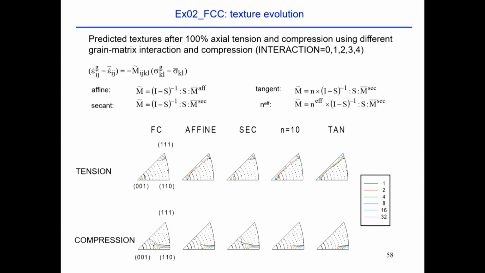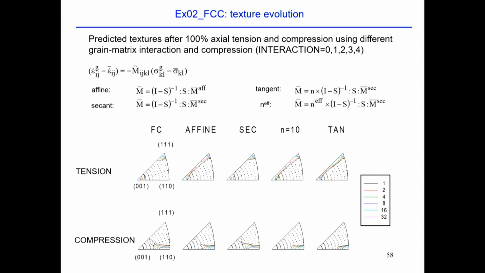The Taylor or the very stiff interaction, which is the secant and the full constraint, the Taylor, tell you that the tensile axis tends to align the grains with the 1-1-1 orientation, or the 1-1-1 orientation of the grains tend to align with the tensile axis, in which case you are activating 6 systems per grain, or with the 0-0-1 axis, in which case you are activating 8 systems per grain in these ideal situations.